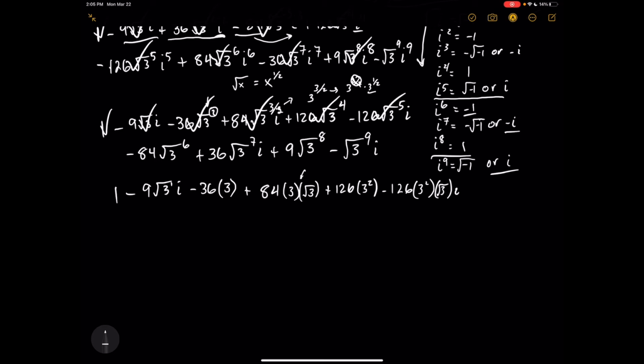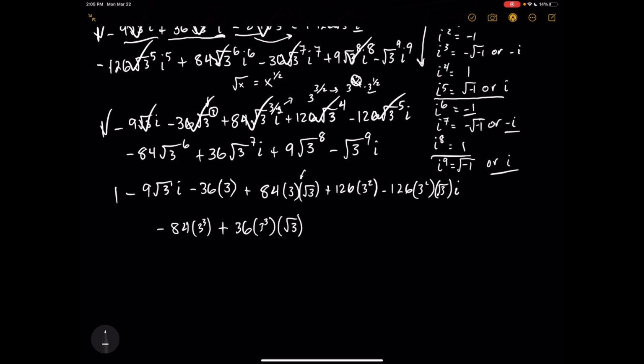Oh, and this one has an i, can't forget the i. And then the next line here, I've got minus 84 times root 3 to the 6th, that is the same as 3 cubed. So it's minus 84 times 3 cubed, plus 36, 3 cubed times the square root of 3.